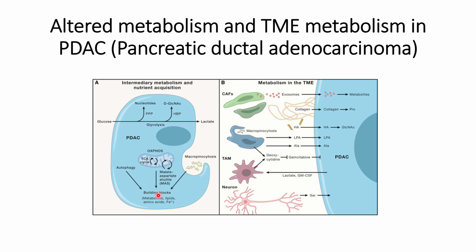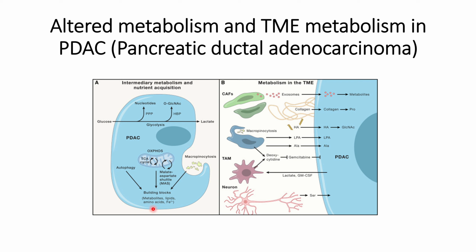Not only from these mitochondrial pathways, but building blocks are also contributed by autophagy, in which the organelles within the cells are recycled so that they can maintain tumor progression. Simultaneously, macropinocytosis also supports these building blocks. We will discuss the components of macropinocytosis in panel B.